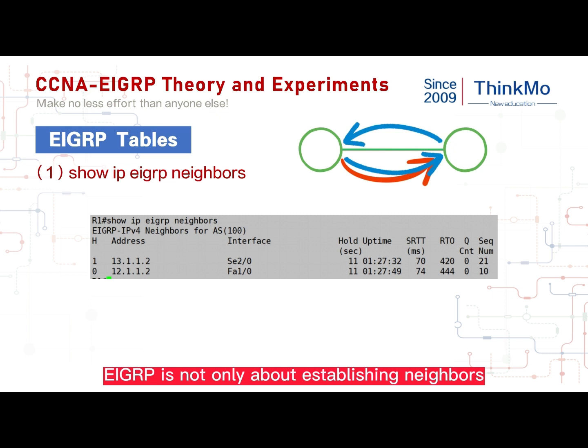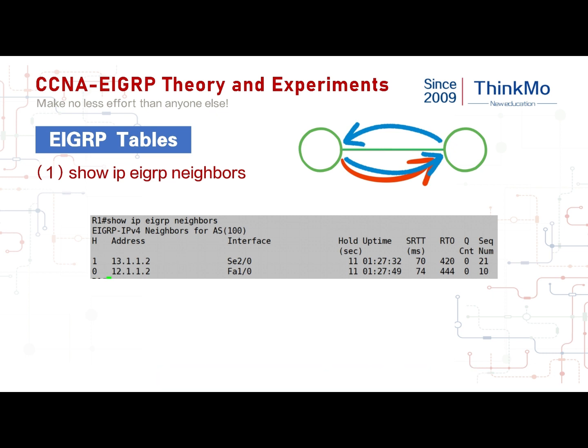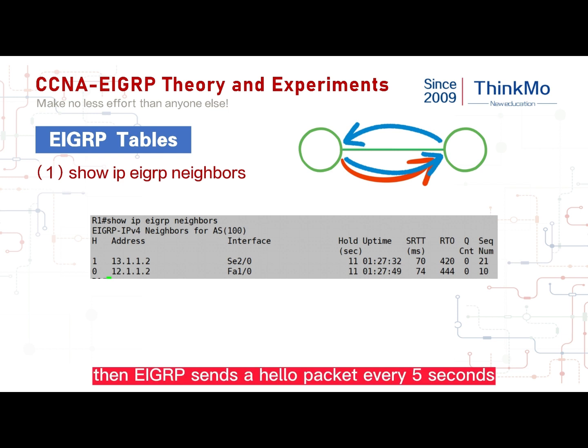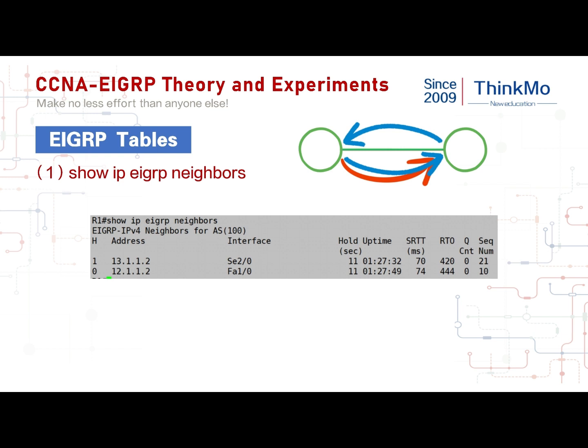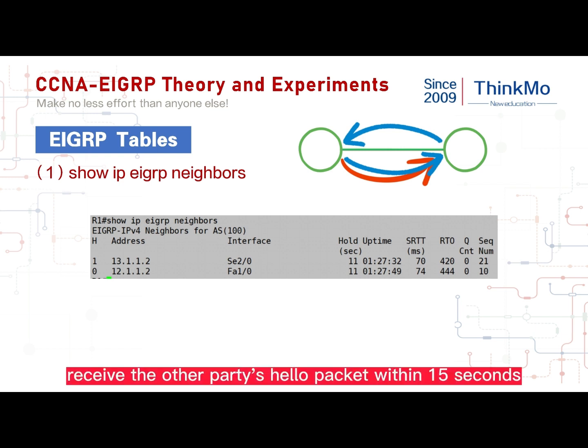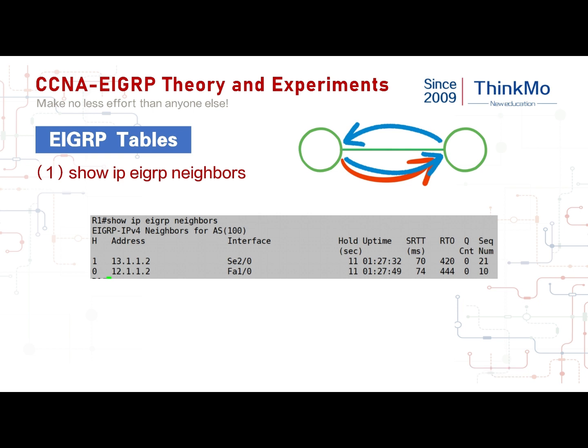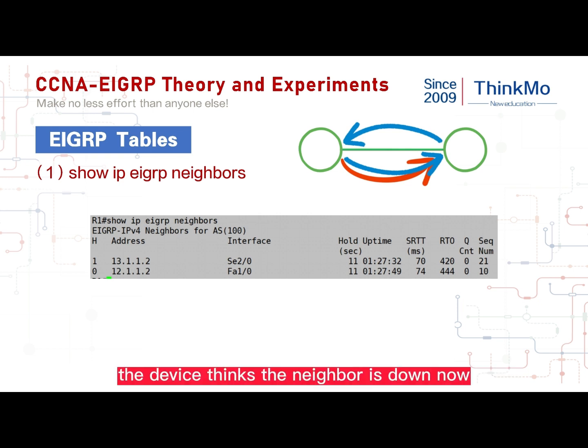EIGRP is not only about establishing neighbors, but also about maintaining them. EIGRP sends a hello packet every 5 seconds. If the device does not receive the other party's hello packet within 15 seconds, the device thinks the neighbor is down and will remove the neighbor.